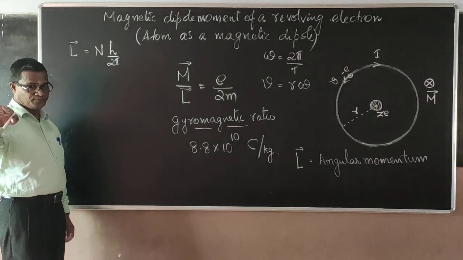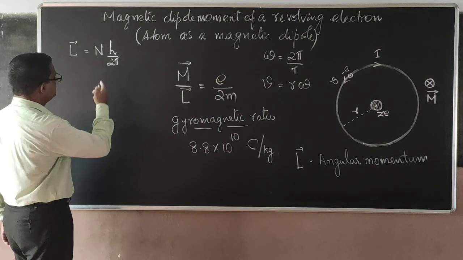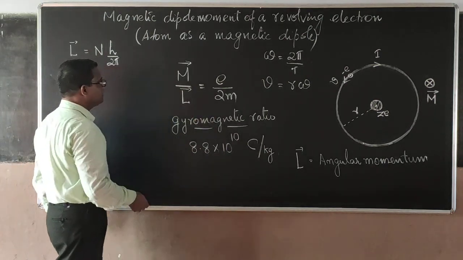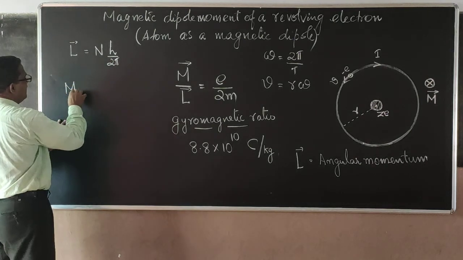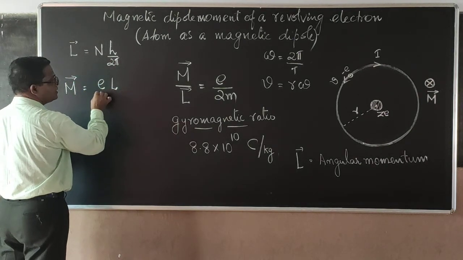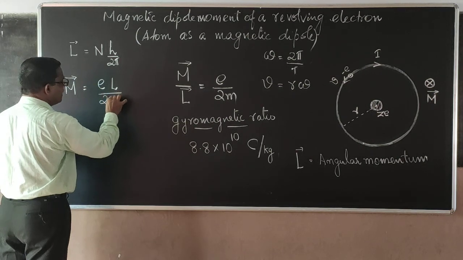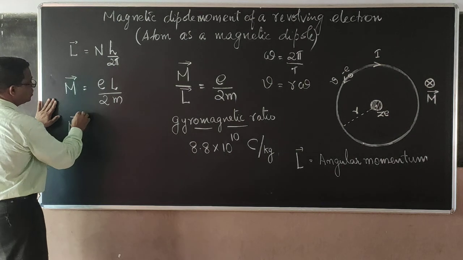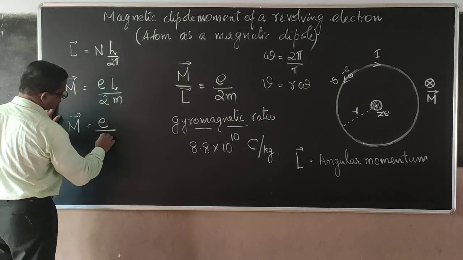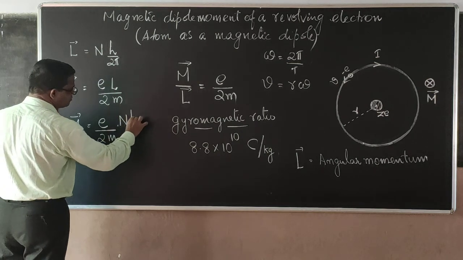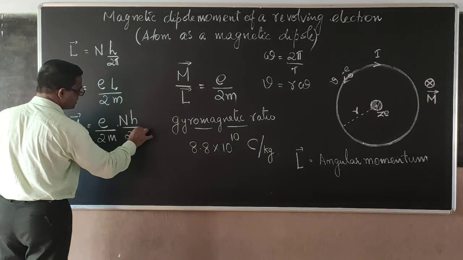No zero level. And if I take this into this particular equation and rewrite it, I can have μ equal to e into L divided by 2m, and therefore μ equal to e by 2m into n h by 2 pi.